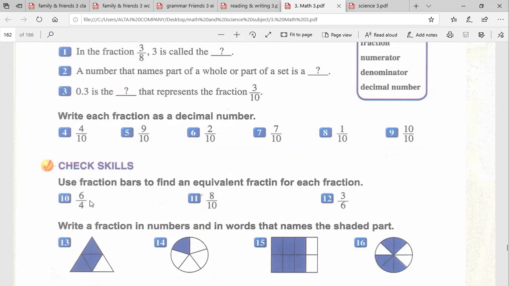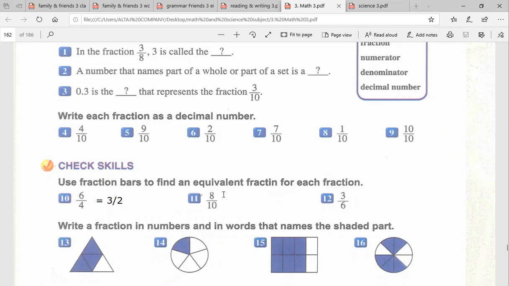So it will be what? We will reduce it to the lowest terms. So the lowest terms, it will be equal to 3/2.